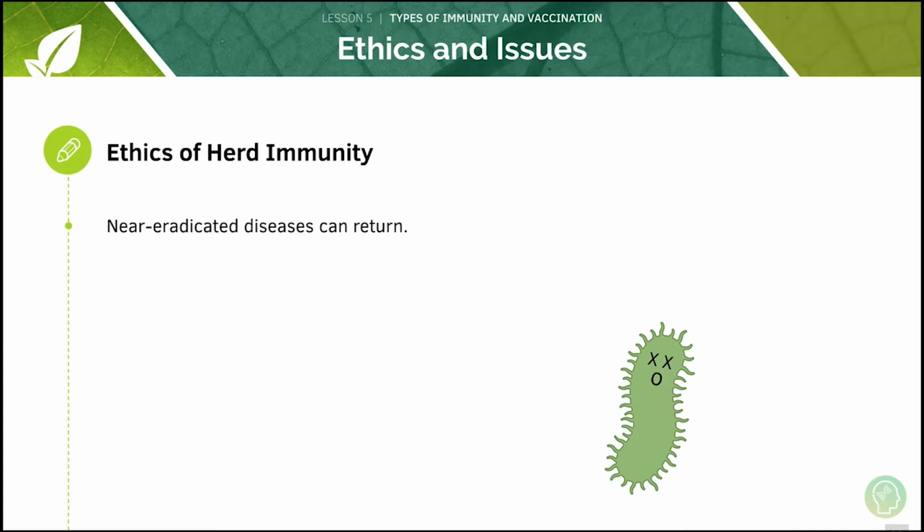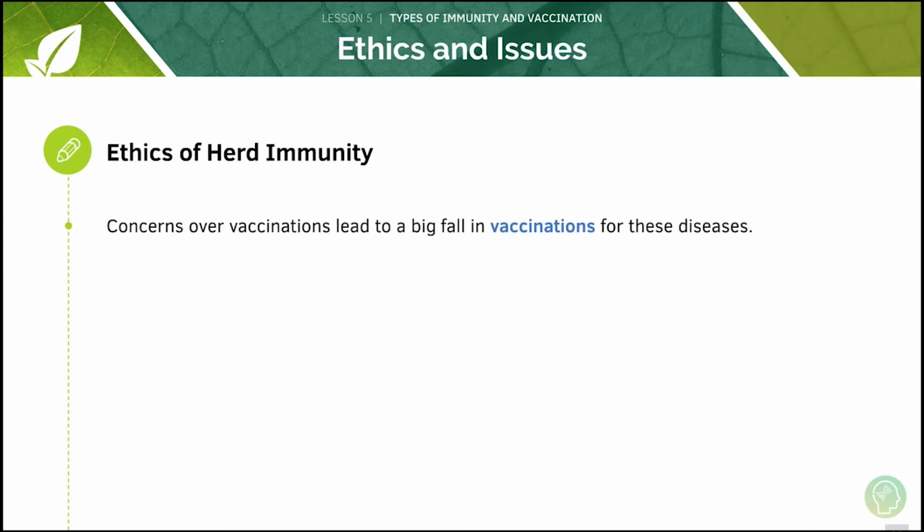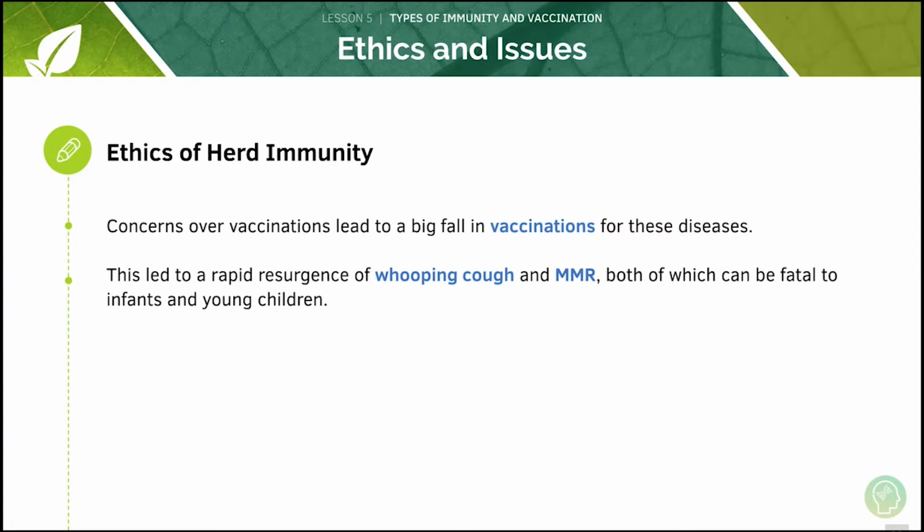Non-eradicated diseases can return. Diseases such as whooping cough and MMR were almost eradicated due to vaccines. However, concerns over vaccinations led to a big fall in vaccinations for these diseases. This led to the rapid resurgence of both of these conditions, which can be fatal to infants and young children.